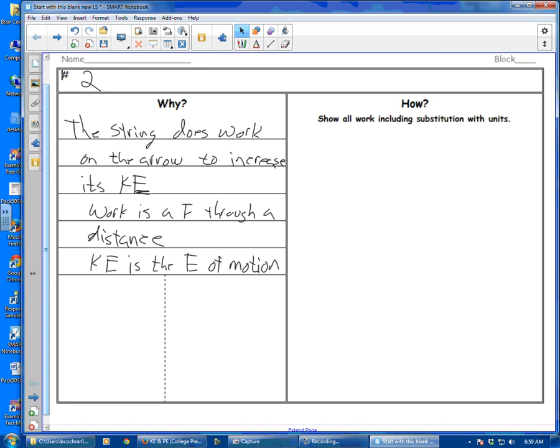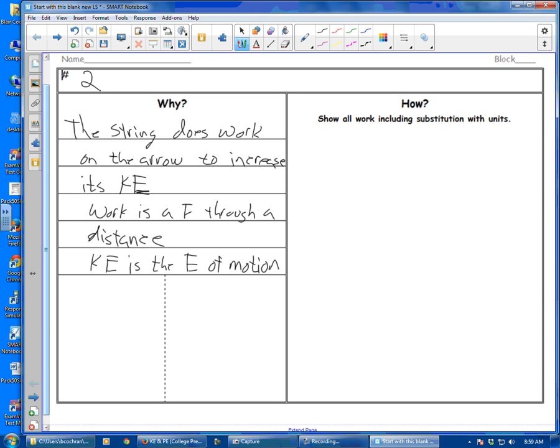So the main understanding I have to have is this idea that the string does work on the arrow and it changes or increases its kinetic energy. But I also should show that I understand how work is done, and the kinetic energy is the energy due to the object's motion.